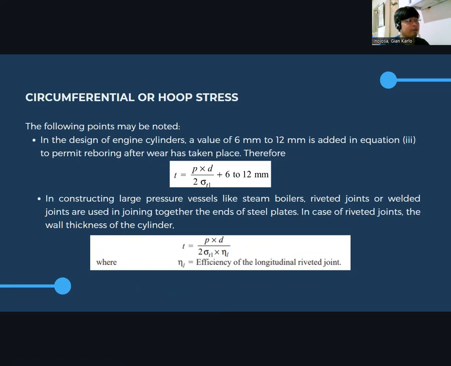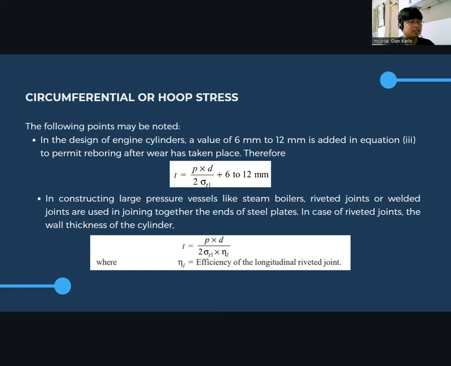The following points may be noted. In the design of engine cylinders, a value of 6 mm to 12 mm is added in the equation to permit reboring after wear has taken place. Therefore, our wall thickness is equal to the internal pressure times the diameter over 2 times the circumferential stress, plus 6 to 12 millimeters.